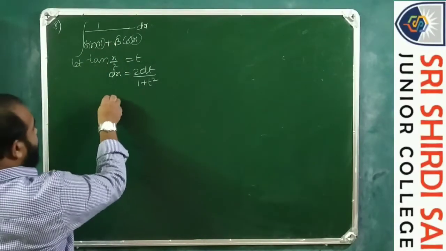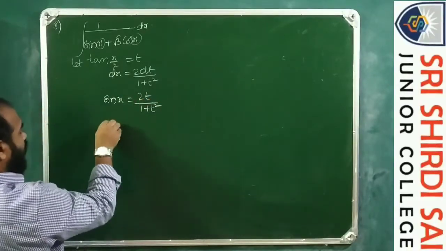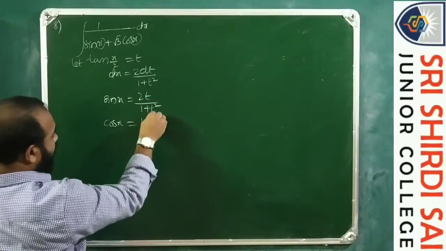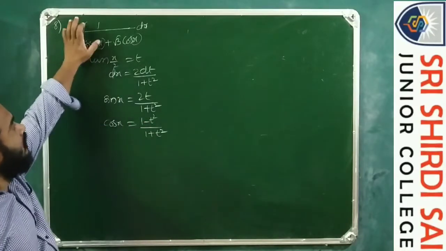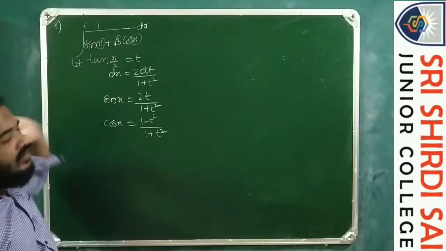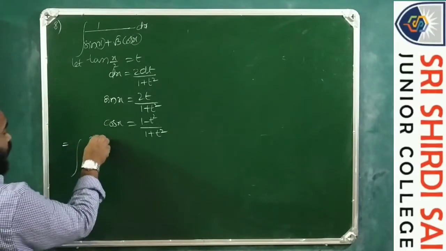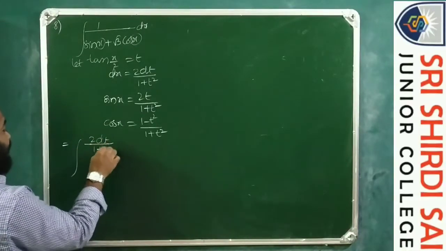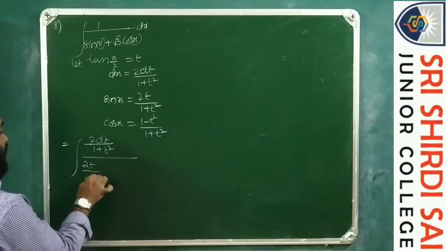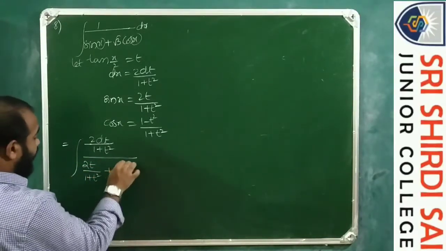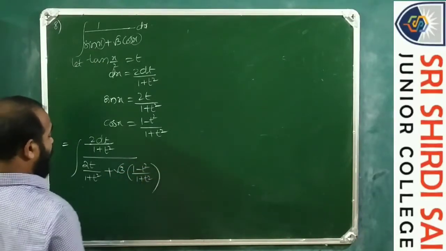Now sin x is 2t by 1 plus t square and cos x is 1 minus t square by 1 plus t square. So everything let us plug in to the given integral. So dx is 2 dt by 1 plus t square, sin x is 2t by 1 plus t square plus root 3 into cos x is 1 minus t square by 1 plus t square.